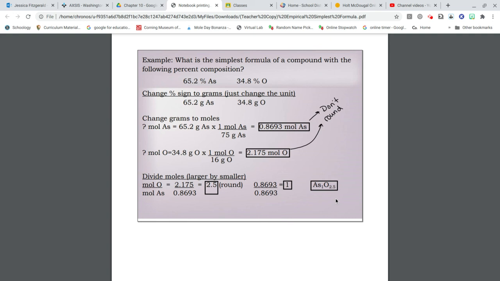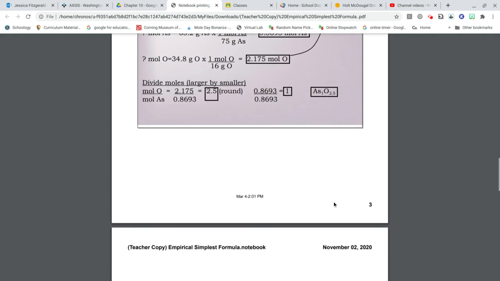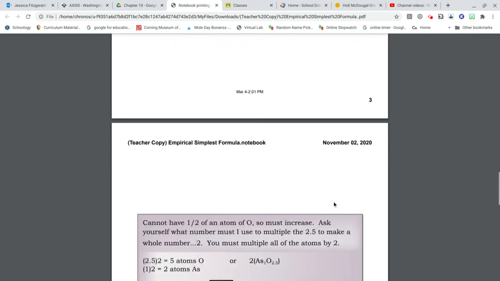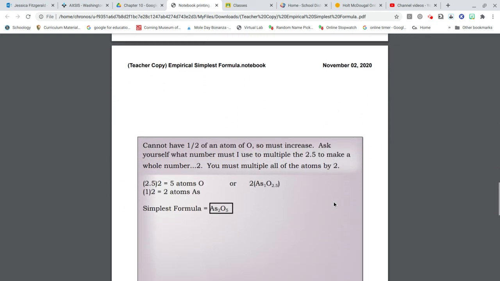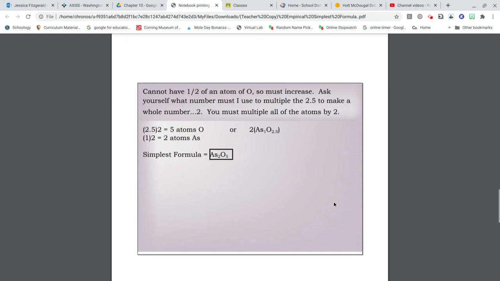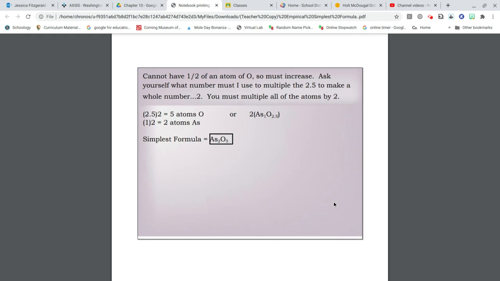So this is where we're going to have to multiply to whole. And this is your final step that was mentioned on that page. So ask yourself, what can I multiply 2.4 or 2.5 by to make it a whole number? Well, of course, 2.